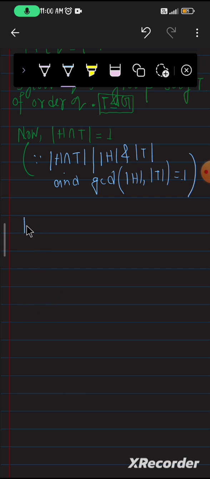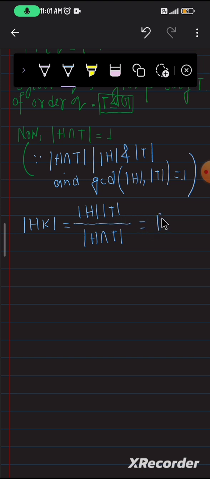Now we know that the order of HT equals order of H into order of T divided by the order of H intersection T. Now we know that the order of H intersection T equals 1, and also we know that the order of H equals P and the order of T equals Q. So that is nothing but PQ.